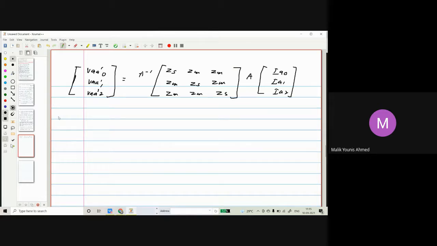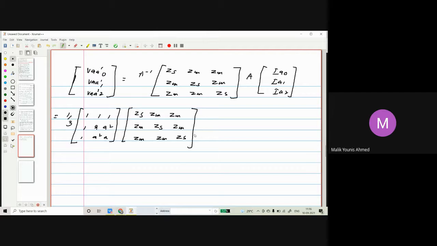Now this right hand side I'm writing here. The inverse is 1 by 3 times the matrix we have seen: 1, 1, 1, 1, A, A square, and 1, A square, A. That is multiplied by the same matrix, that is ZS, ZM, ZM, then ZM, ZS, ZM, then ZM, ZM and ZS.